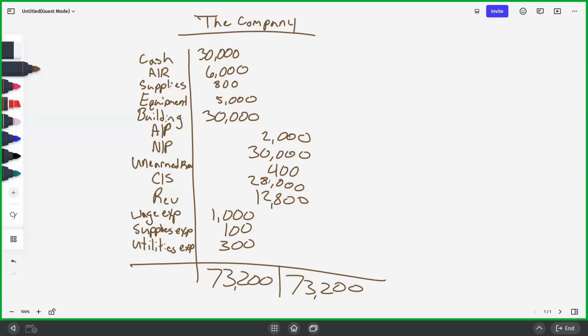So it's just income statement, statement of retained earnings and the balance sheet. Yep, you need to know how to do that without looking at it. So that's why I'm doing this. Yes, you can zero for those.